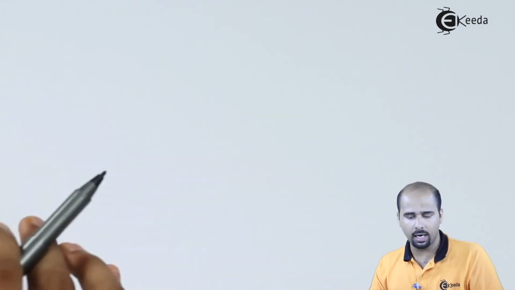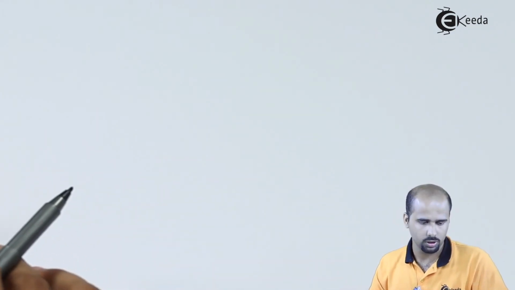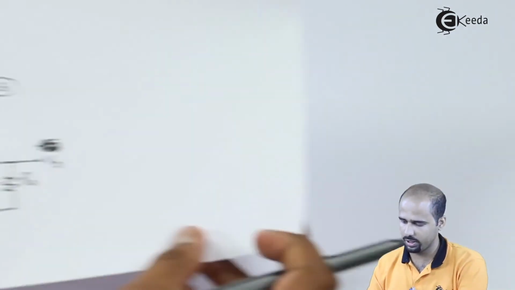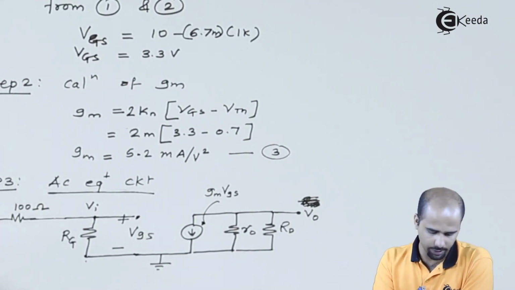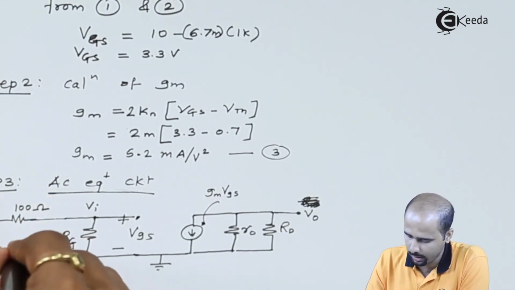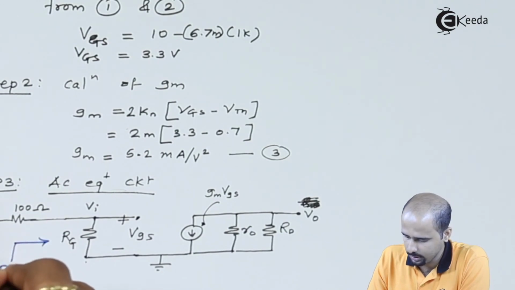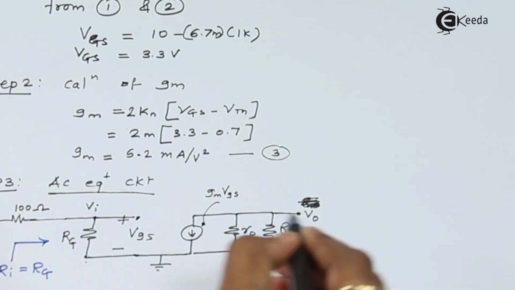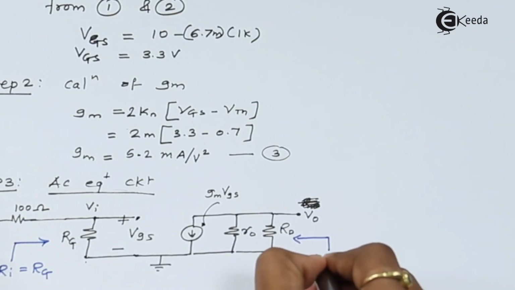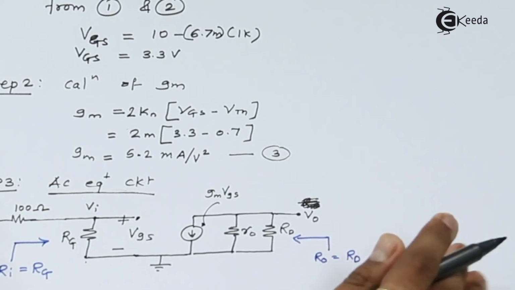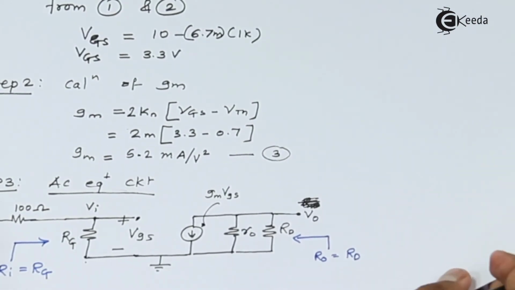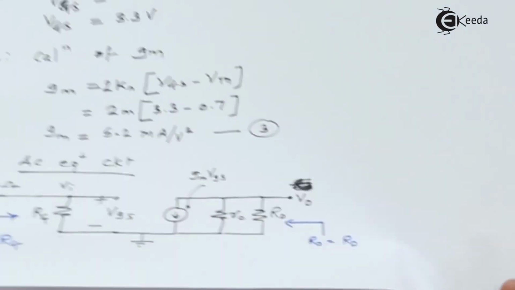What about Ri and Ro? As far as this AC equivalent model is concerned, we can directly represent them. The value of Ri is equal to Rg, and the value of Ro is equal to Rd. Rg and Rd values are already mentioned in this example, so we'll directly make use of that.